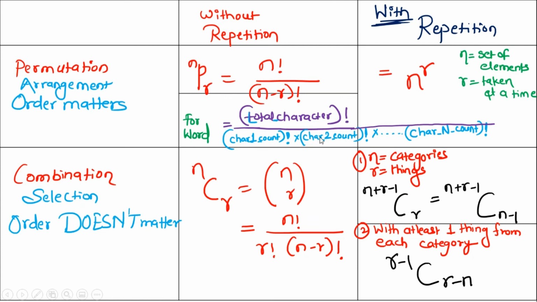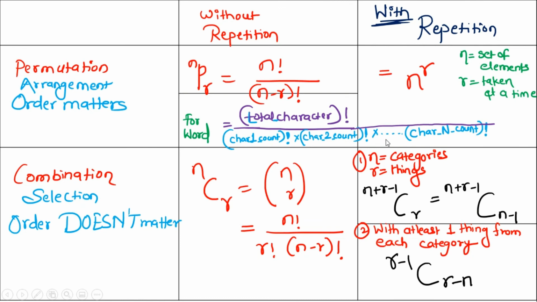Like suppose I am having A in my word, so how many A's are available, that count, factorial of that, multiplied by, if I am having Z in my word, how many Z characters are available, that count, factorial, and so on.